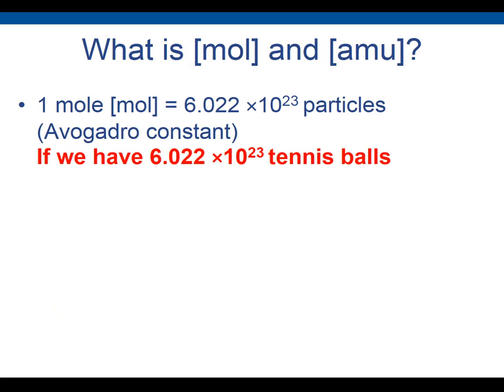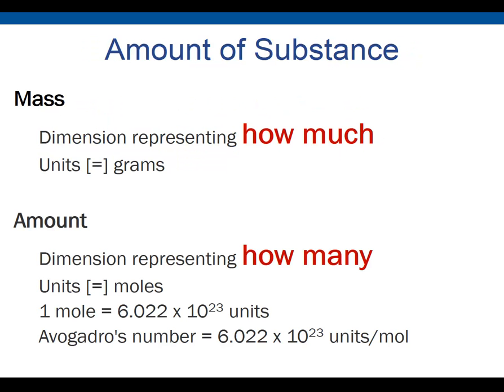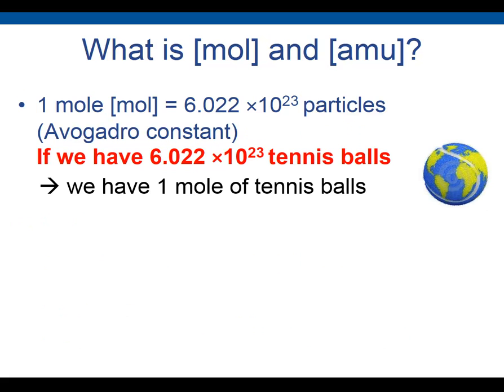So what is 1 mole? Think about it like this. If we have 6.022 times 10 to the 23 tennis balls, then we can say we have 1 mole of tennis balls. Well, if we have 1 mole of tennis balls, we probably can cover all the land area of our Earth. So this is the concept of the moles.